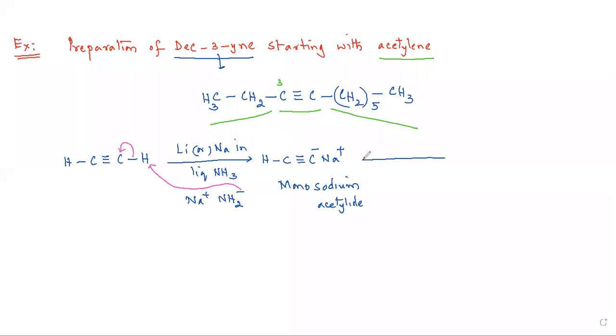Now to this monosodium acetylide, let us add this part first, or else the other part. Let us add it in this format: CH3, CH2 taken 5 times, then it has to be Cl. So let us take it this way: CH2 taken 4 times, CH2Cl. That's it. Now this minus will attack here.